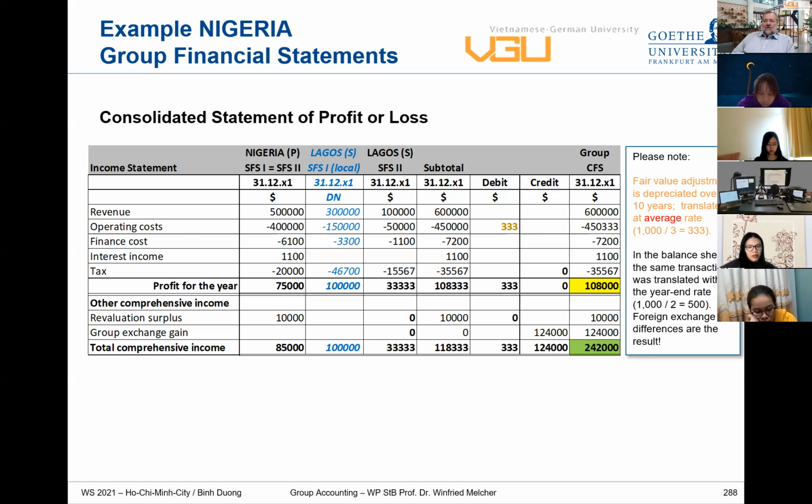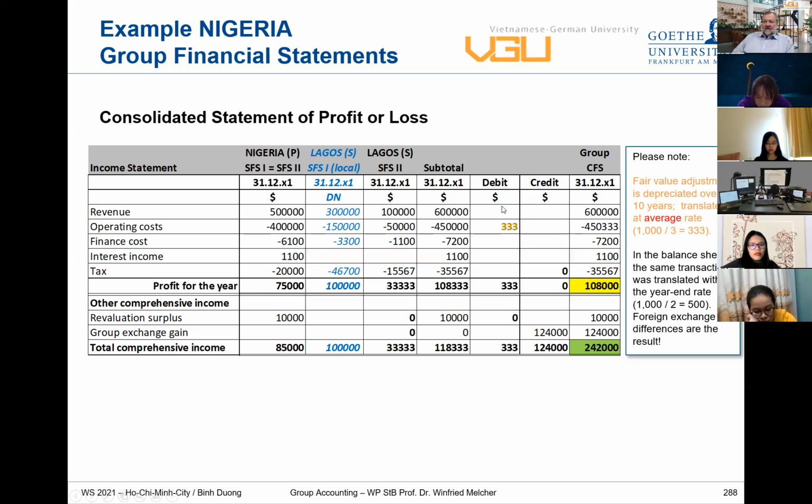We would not use the closing rate, which we did for the accumulated depreciation. For the accumulated depreciation, we use the closing rate because that's the balance sheet figure. And here in the income statement, we use the average rate. The closing rate was 2. The average rate is 3.